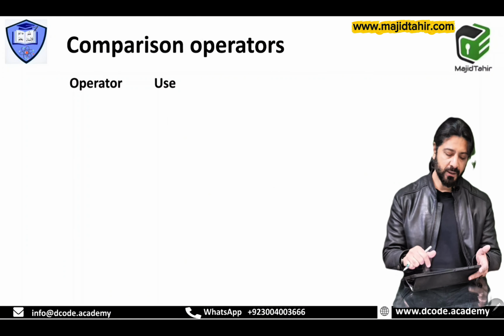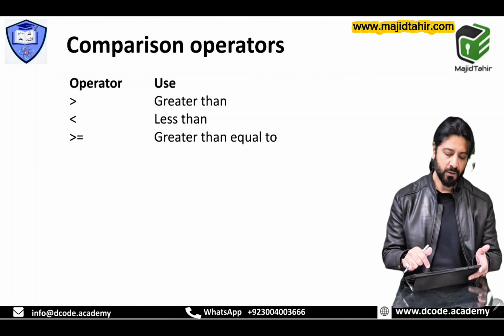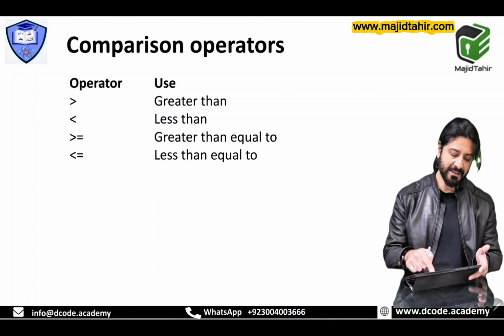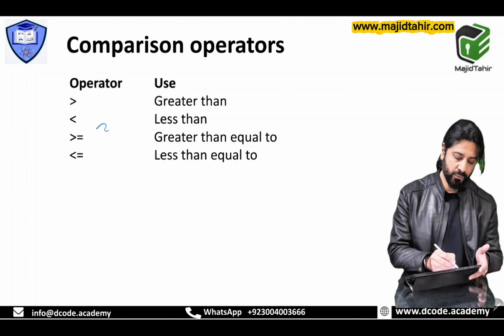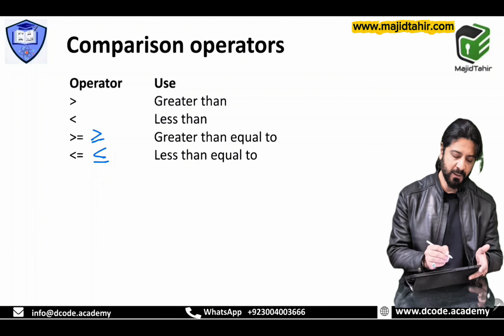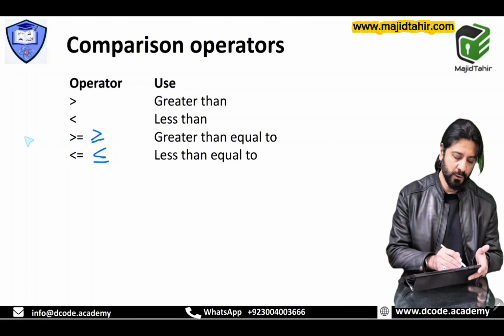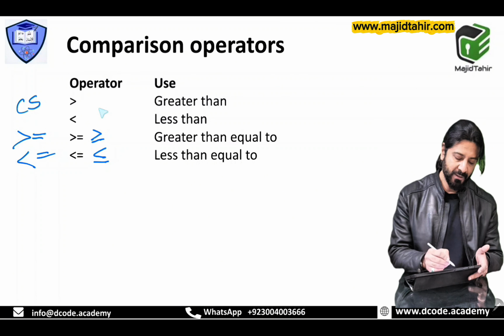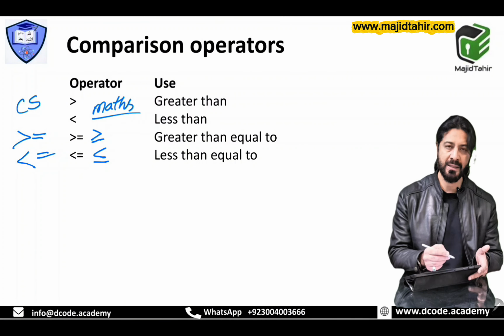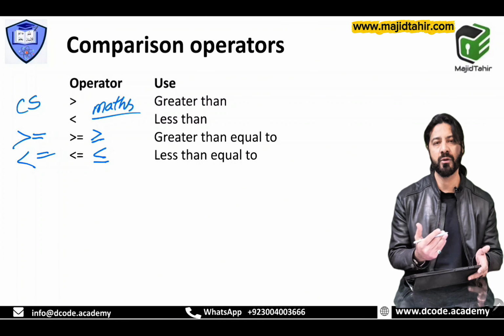Then we have comparison operators. Comparison operators are greater than, less than, greater than or equal to, less than or equal to. Now in maths, greater than or equal to and less than or equal to are written with their own symbols. But we do not use these symbols in computers. In computers we use >= and <=, and the maths symbols are for maths. So there is a little bit of difference when you write a computer program.